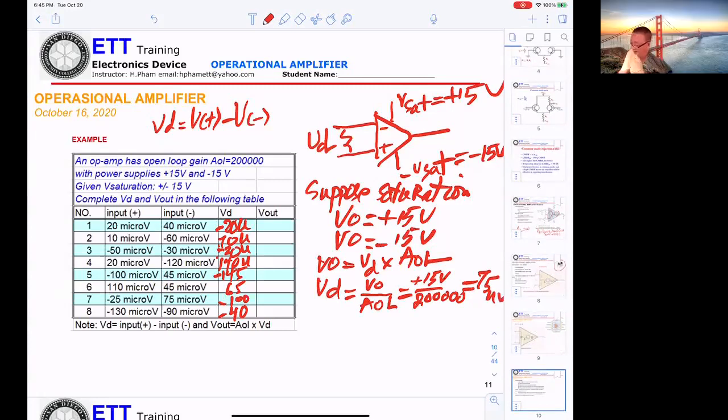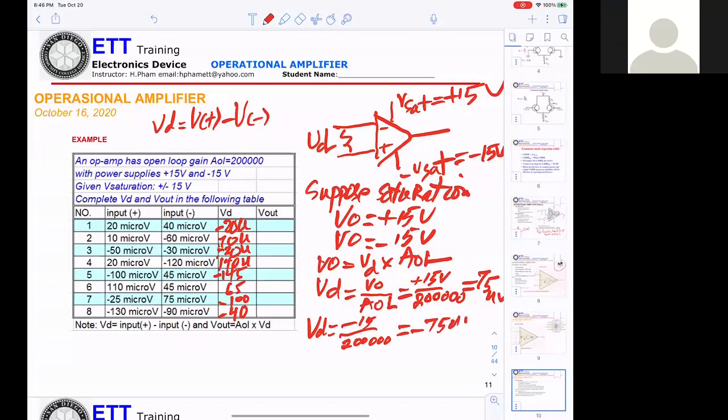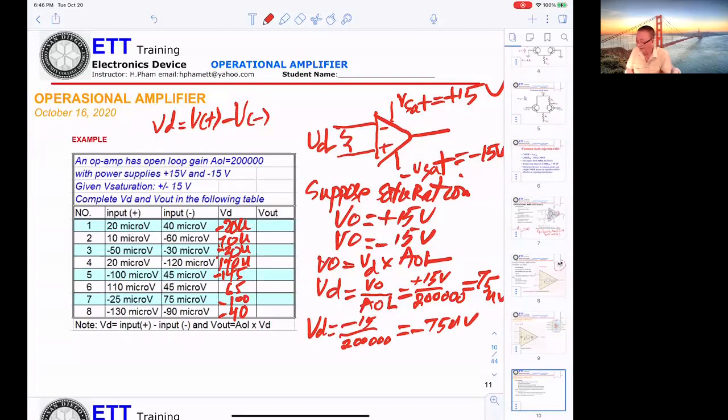Microvolt. Or VD can be minus 15 volt divided by 200,000, and you get minus the same, 75 microvolts. One positive and one negative. Okay, now I can draw to make sure you understand.